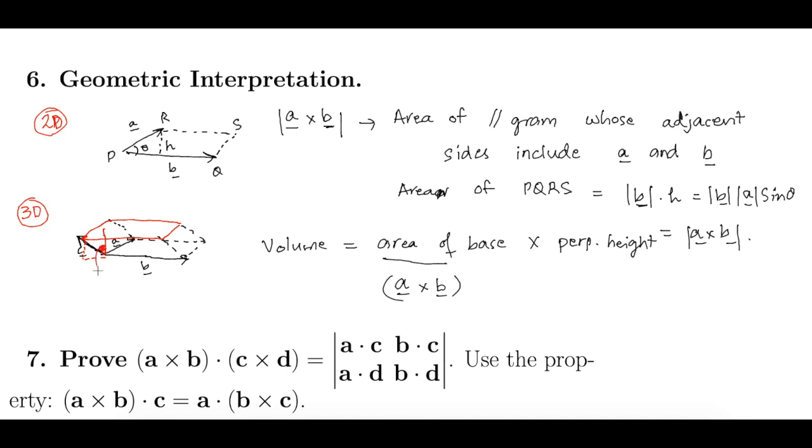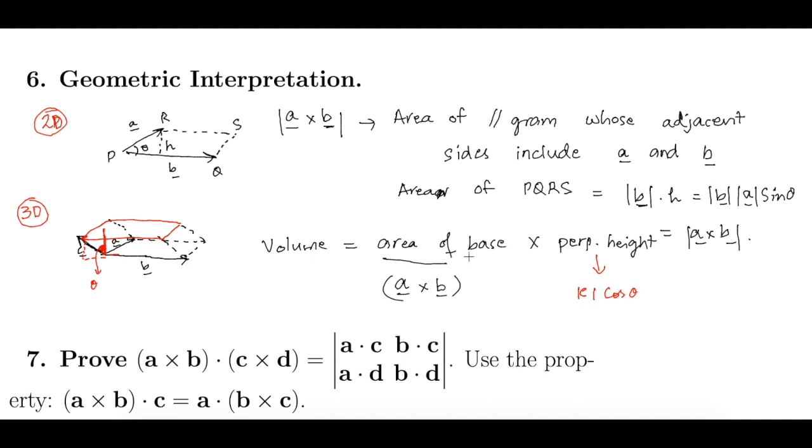So this is my theta here. A cross B is always perpendicular to the plane where A and B are, and C makes an angle theta with that one. So the perpendicular height is the magnitude of C times cos of theta, okay?